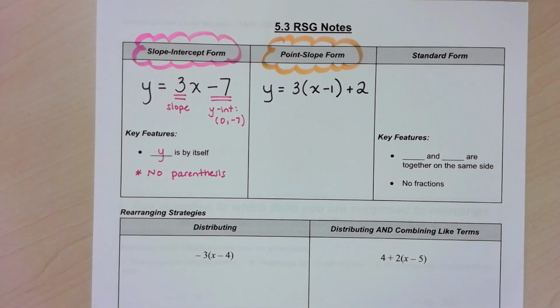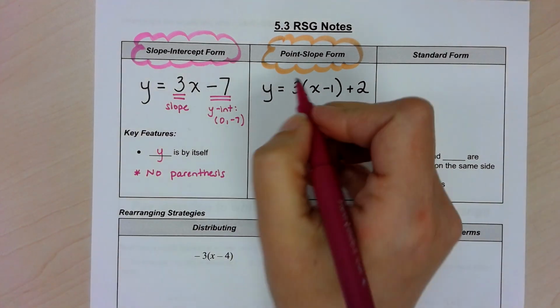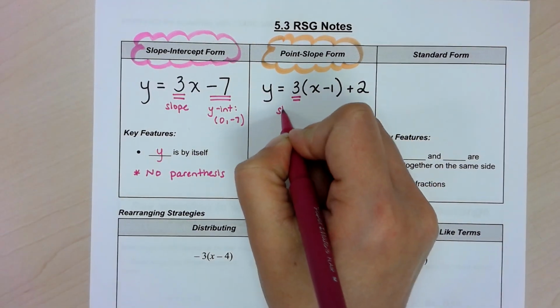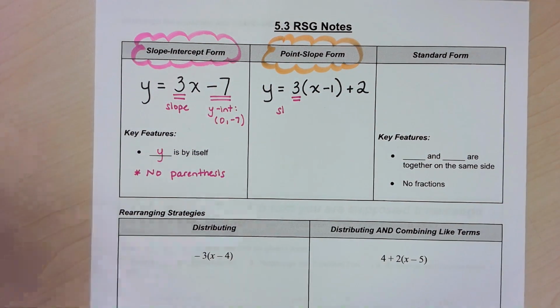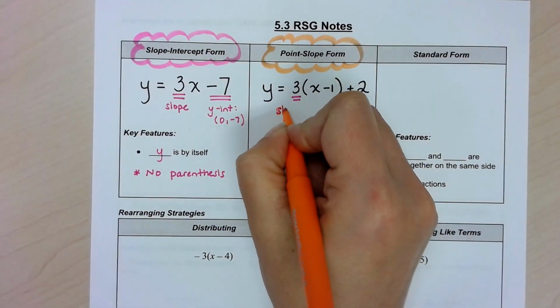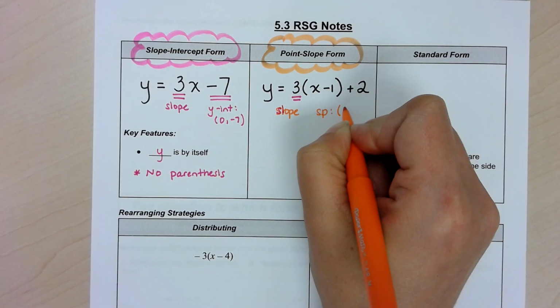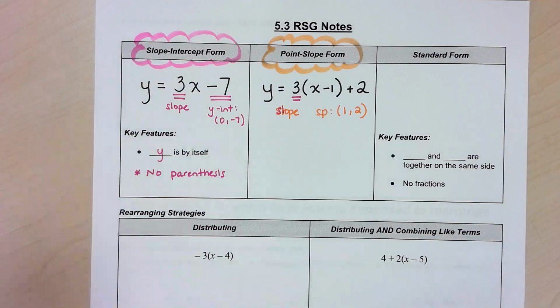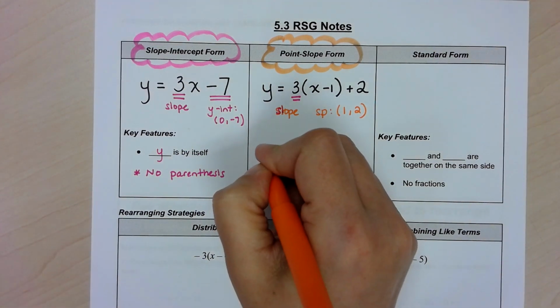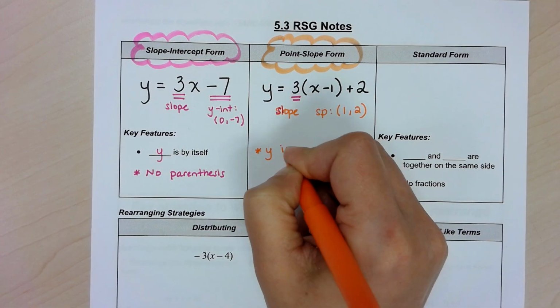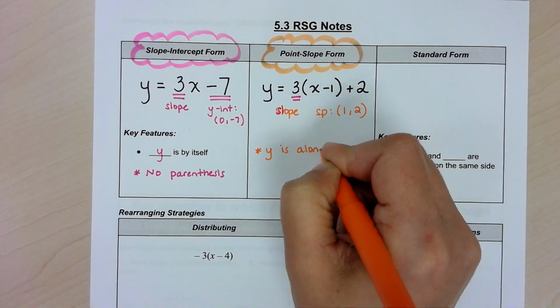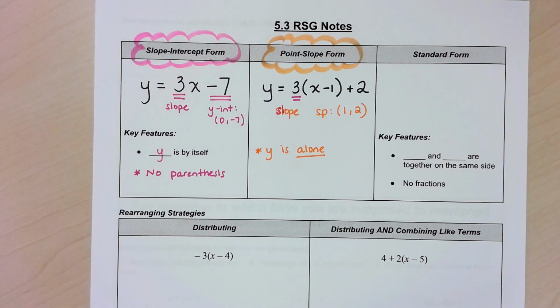In this equation, we call it point-slope form because we can easily find the slope and a starting point on the graph, which in this case would be 1, 2. Now, in this equation, you will note that the y is also by itself. But this equation also has a parentheses, which is what sets it apart from slope-intercept form.